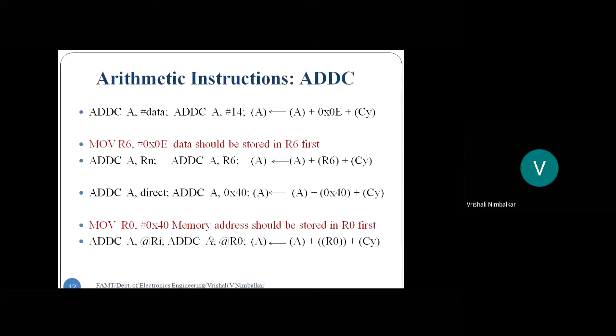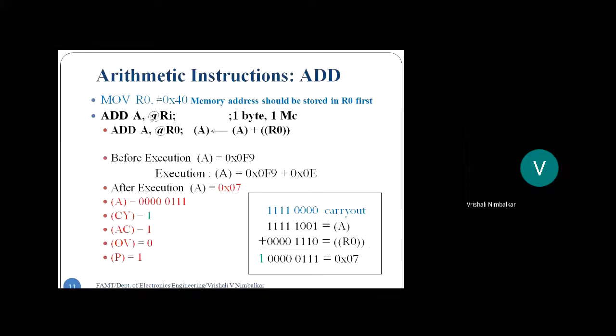Correct? And see your students, whenever in this example you're writing @R0, you should clarify what is in R0. R0 should have the correct address. So before writing ADDC A, @R0, you should have stored the correct address number in R0 register. See the blue one.